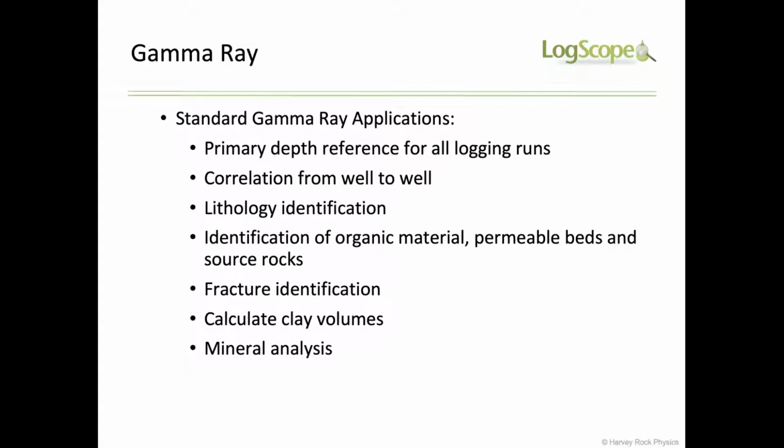So if we take the gamma ray, the standard gamma ray applications are as the primary depth reference. Little known, in the early days of logging, the spontaneous potential was used for this, and prior to that being used, the resistivity was used as the primary depth reference. It's used for correlating well to well.